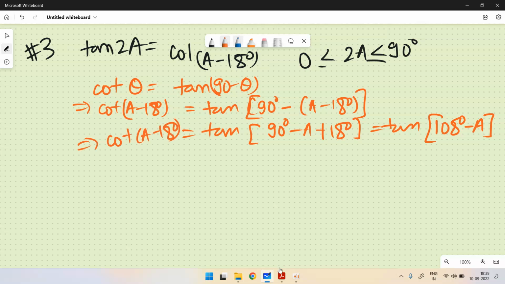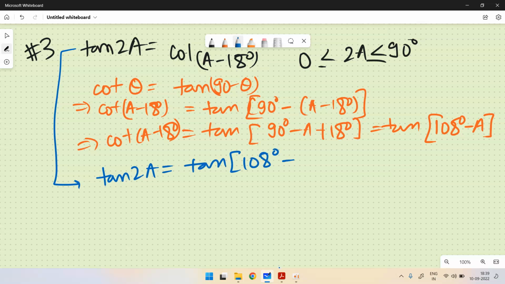Now I am substituting this value in my equation. My equation becomes tan of 2a equal to tan of 108 degree minus a. Since both LHS and RHS have a tan term, the inside angles will be equal.